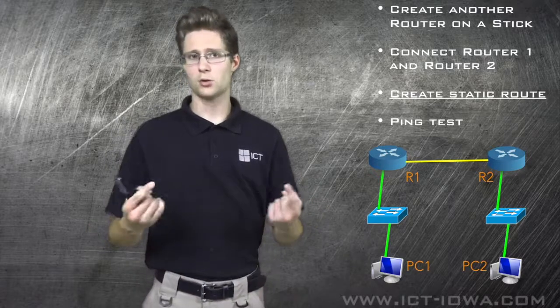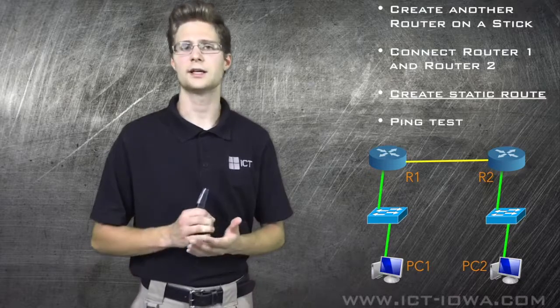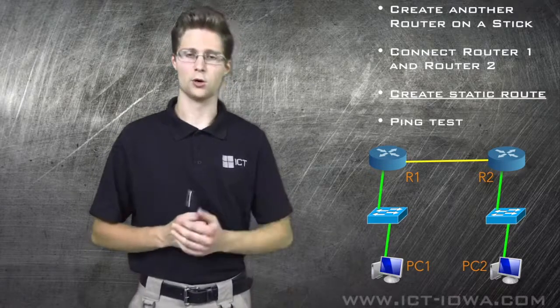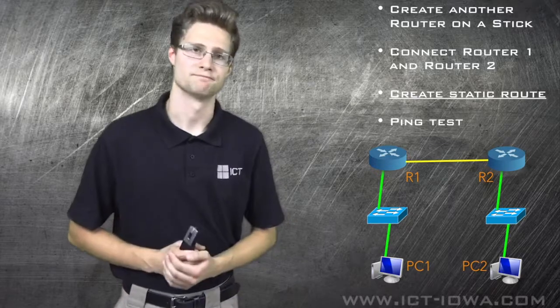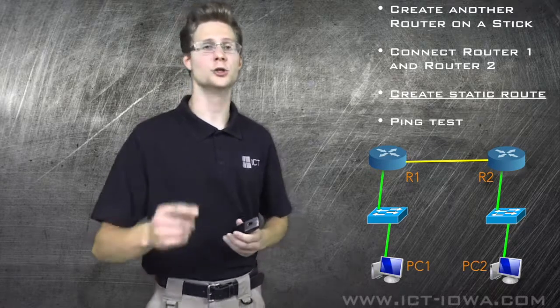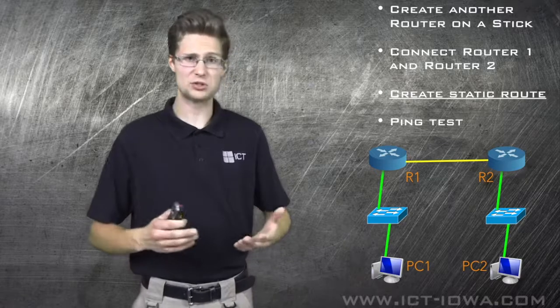And they do have a road connecting them. But think of the interface gig 0/0 as a post office. So gig 0/0 on R1 is the post office for PC1. If PC1 wants to send mail to R2, it's not going to get there because that post office doesn't know where to send it yet.